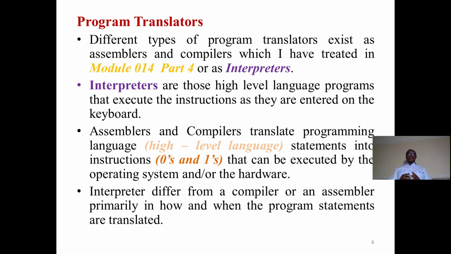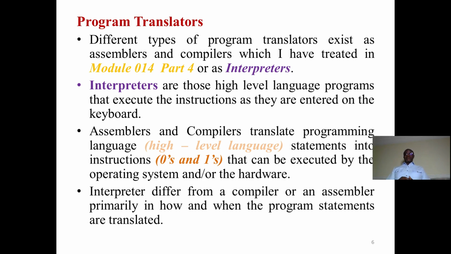Here, interpreters are those high-level language programs that execute the instructions as they are entered on the keyboard. Assemblers and compilers translate programming language, that is the high-level language statements, into instructions, that is zeros and ones, that can be executed by the operating system and or the hardware.